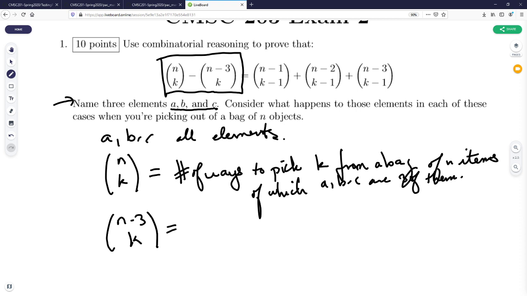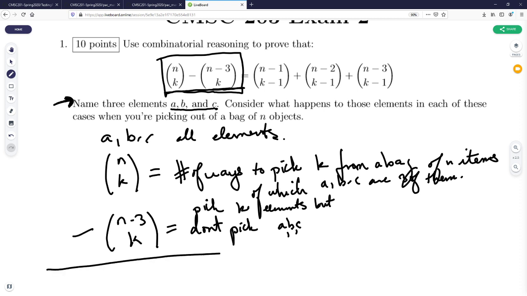But in this case, if we are thinking about our hint at all times, then eventually what we're going to realize is that this means pick k elements, but don't pick A, B, or C. So that's the number of ways to do something on this side, right? So n choose k minus n minus 3 choose k, when you're subtracting this, what you're going to get is the number of ways to pick.